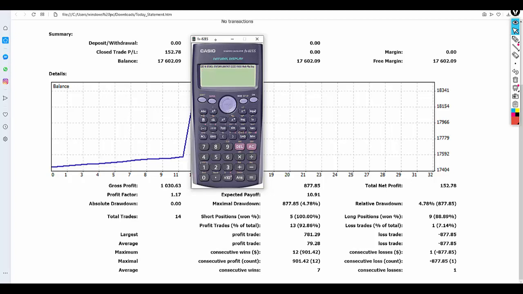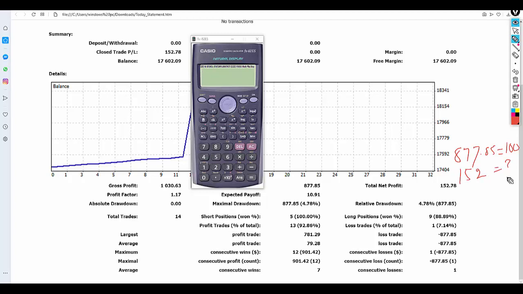So by virtue of calculation, let me just put it this way. Our capital is 877.85. That translated to 100% of what we use, and our profit is $152. We want to know the percentage.